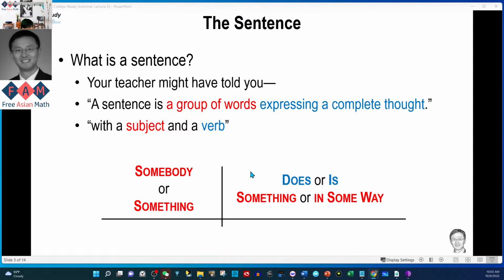Okay, we talk about sentences. So what is a sentence? Well, at a high level, you really think about just two parts. One is the subject, one is the predicate. We haven't used the fancy name predicate yet, but predicate is a very artificial concept created by grammarians. You don't really have to worry about it.